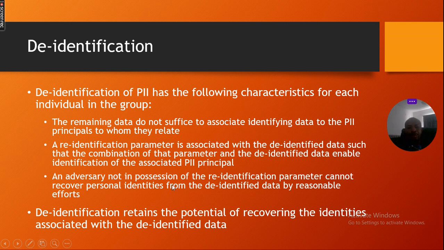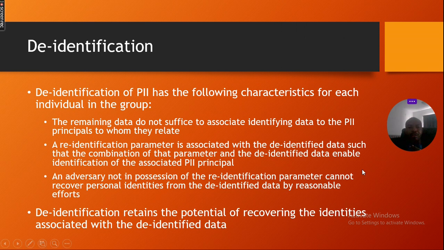So a re-identification parameter must be kept very private and very secret, because if anyone, whether internal to the organization or external, gets a hold of it, they will be able to break the information and find whom this information belongs to in the first place.